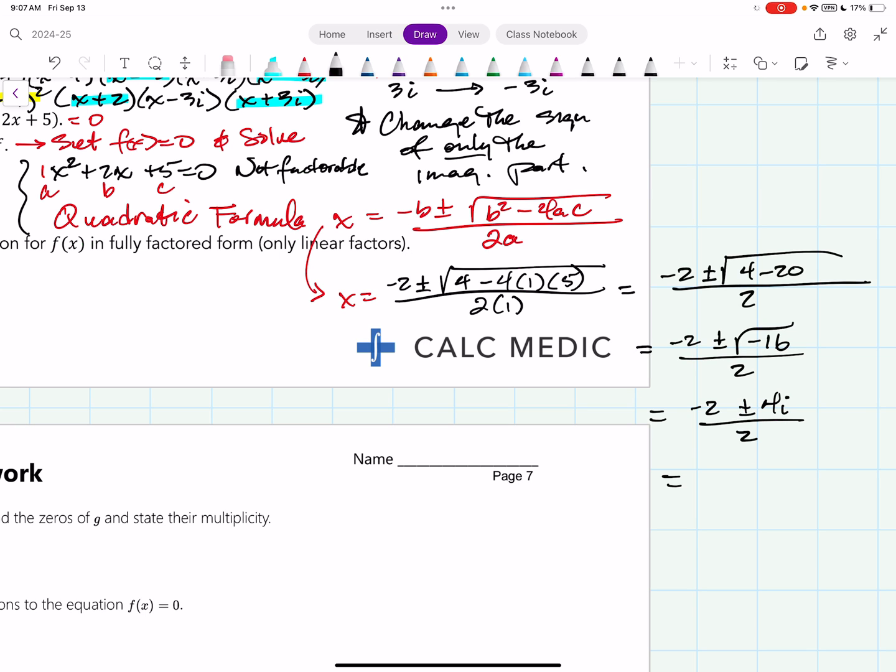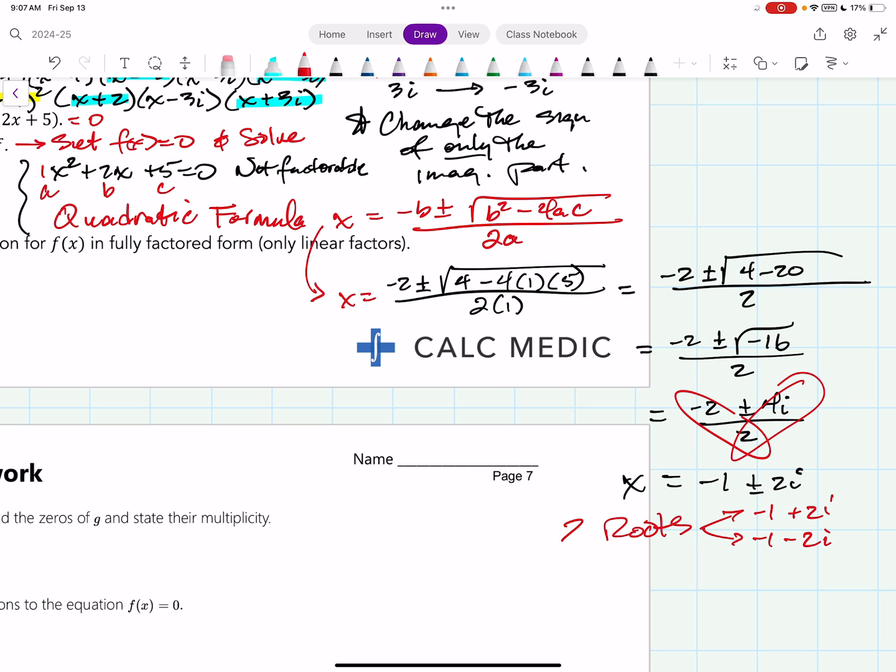And then you divide them both by 2. All right, you got to divide both numbers by 2. So you get negative 1 plus or minus 2i as your roots. Okay, so the roots, look, there are two of them, right? The first one is negative 1 plus 2i, and then the second one is negative 1 minus 2i. So you have two roots.